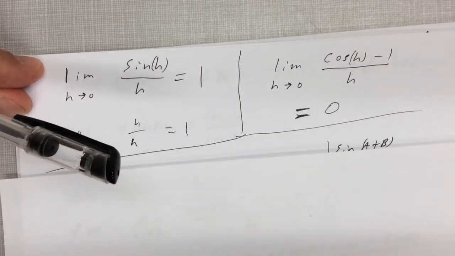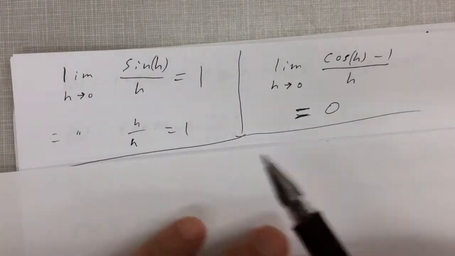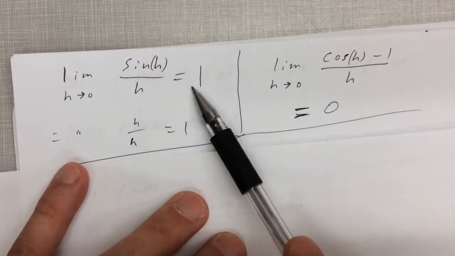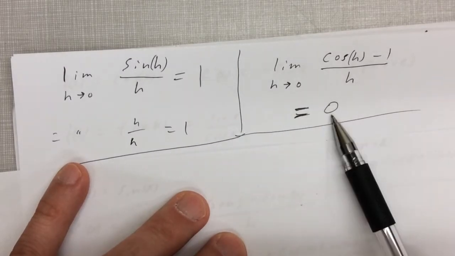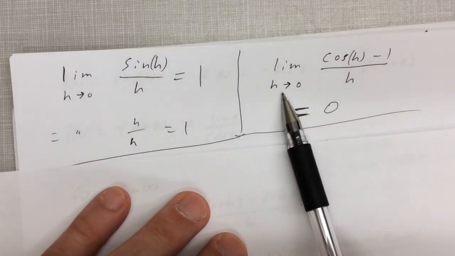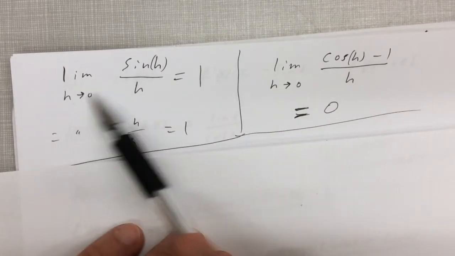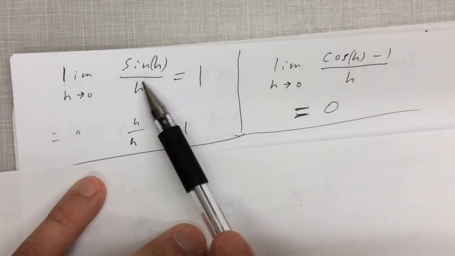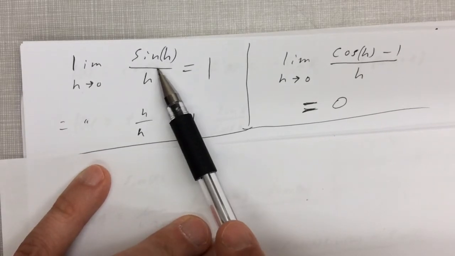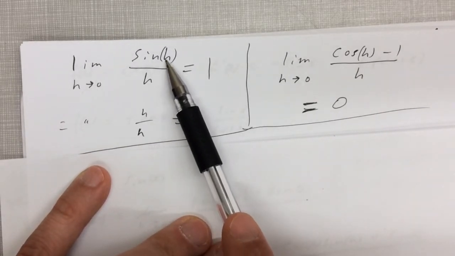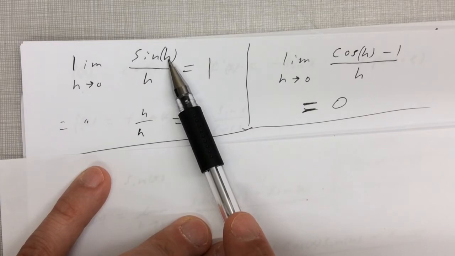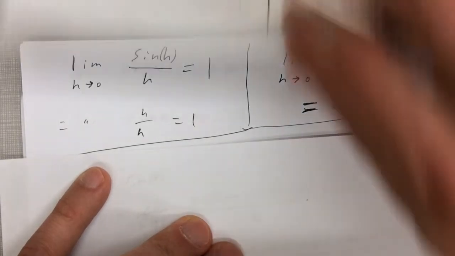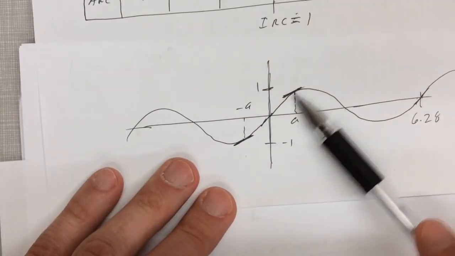Okay, so the limit for both of those is given here. So the limit of this one is 1. The limit of this one is 0. So if you plug in values really close to 0 and look for a pattern, this one tends to 0, this one tends to 1. In fact, this one's kind of interesting to look at because sine of h around h equal to 0 looks like y equals x. Based on what we looked at here, the tangent is y equals x.